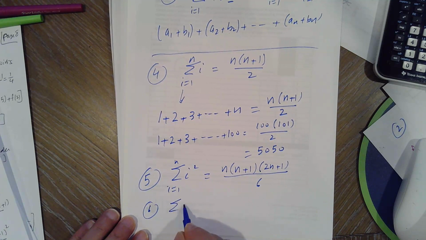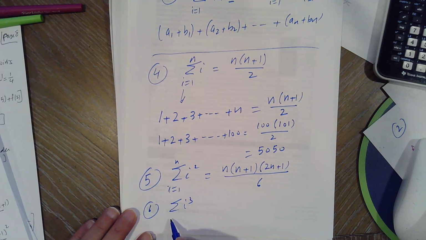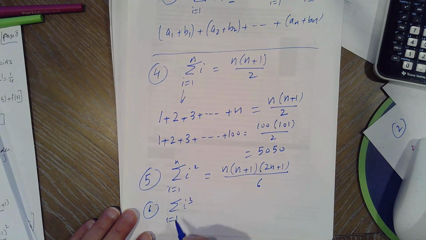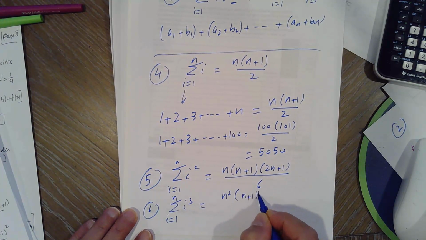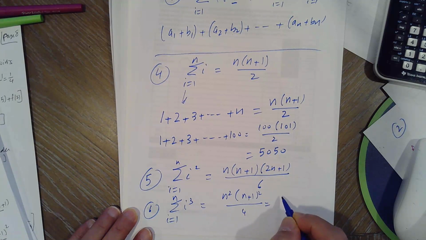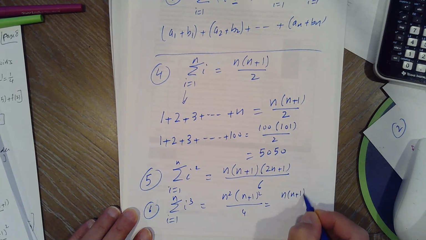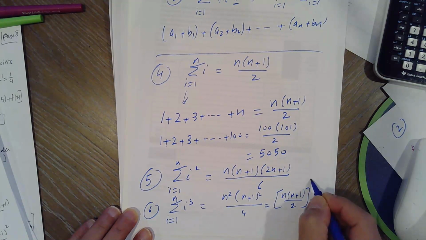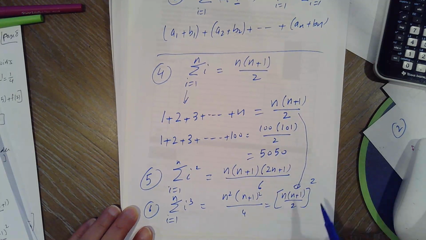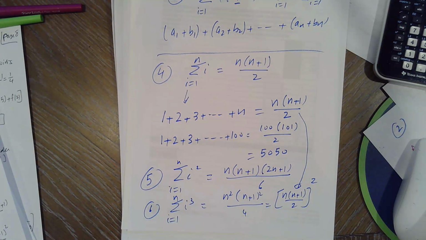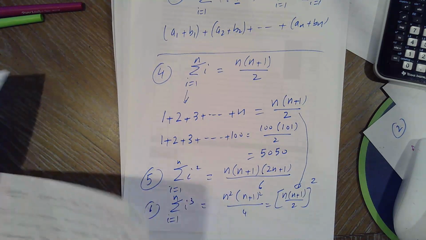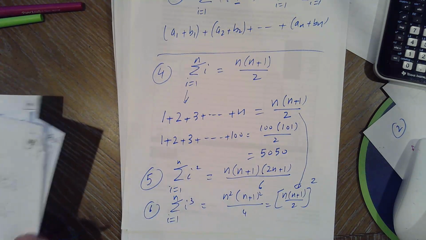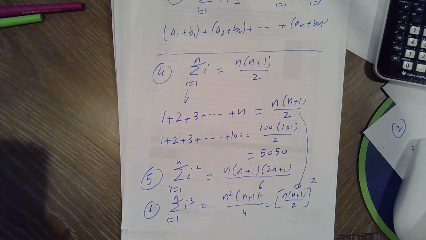And the sum of the first cubic counting numbers is n squared times n plus 1 squared over 4, which you can write as n plus 1 over 2, all squared. So you can see where it looks like that one. We're going to need these to evaluate definite integrals using the limit process. So let's talk about that.